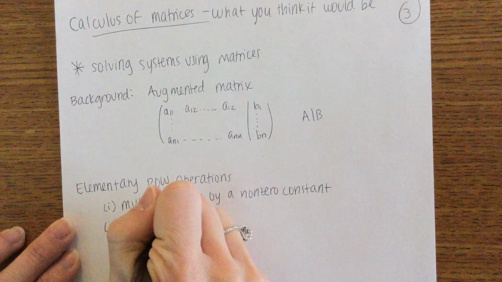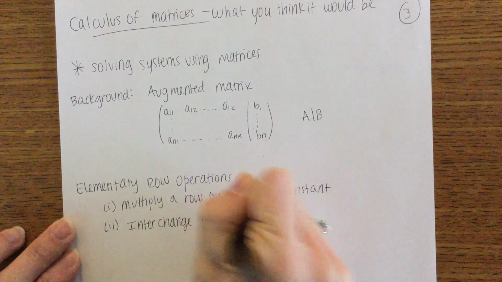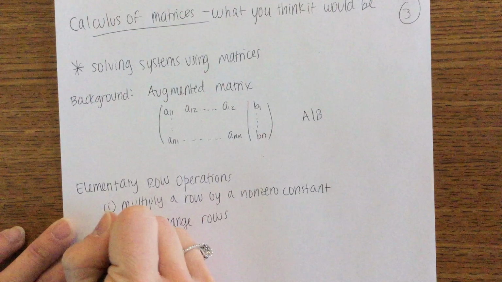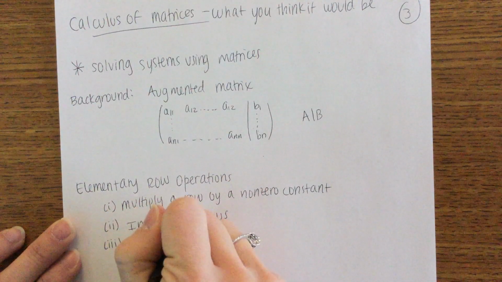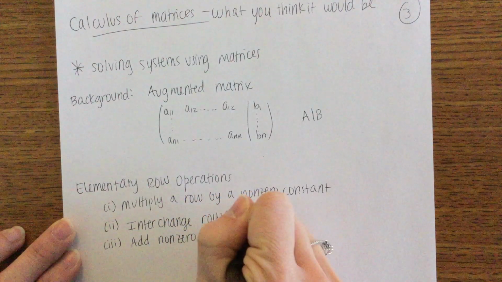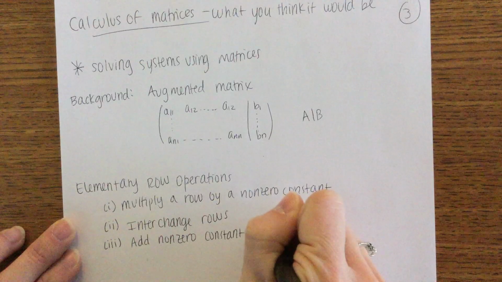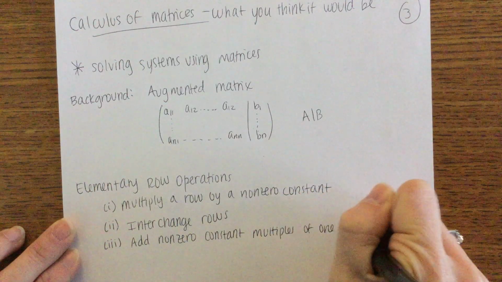You can interchange rows. And lastly, you can add non-zero constant multiples of one row to another.